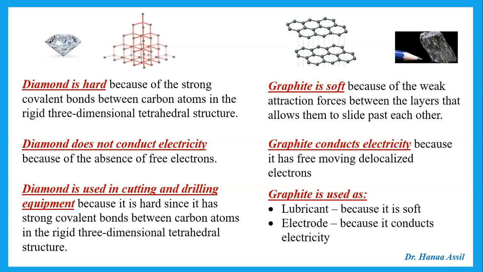We know graphite is what we have in pencils, but we use it either as a lubricant because it is soft, because of the weak attraction forces between layers that allow them to slide over each other, or as electrodes because it conducts electricity.